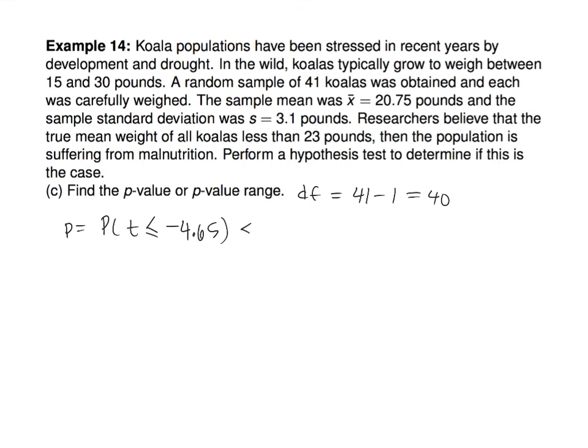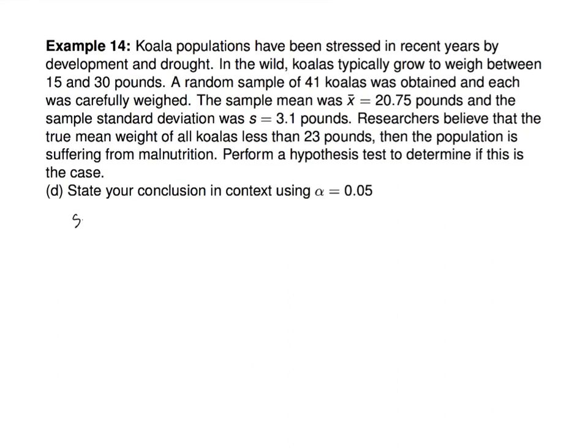So the p-value we have is less than 0.002. And that's the biggest t-statistic we see. But as your t-statistics get larger, your p-values get smaller. So since our p-value is less than 0.05, because 0.05 is bigger than 0.002, we reject H0 and accept HA.